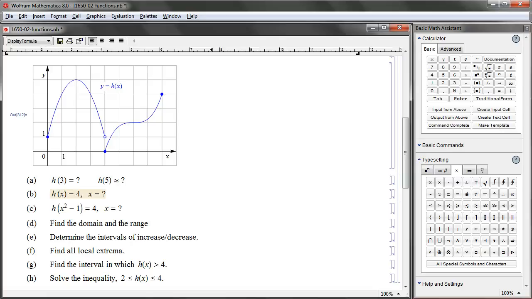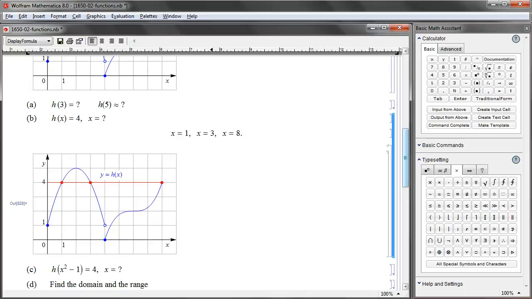Let's do that. y equals h of x is given, so h of x is actually the y-coordinate value. And the y-coordinate value is given as 4, so we have to find the points on the graph whose y-coordinate value is 4. How do we do that? We have to begin from the y-coordinate this time.